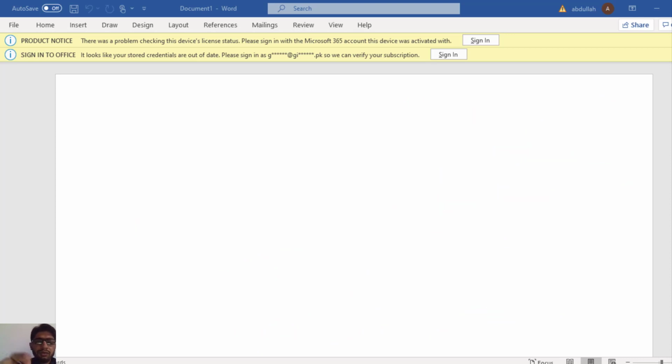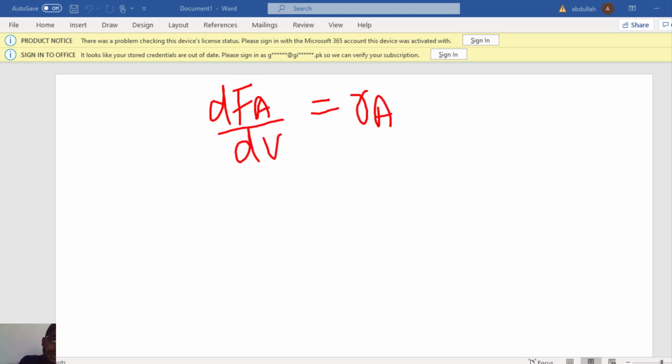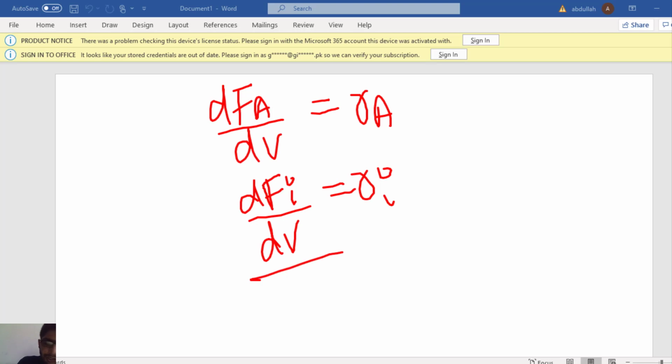Now we have obtained the differential form dFA by dV is equal to RA. For any reactant I, dFI divided by dV is equal to RI.